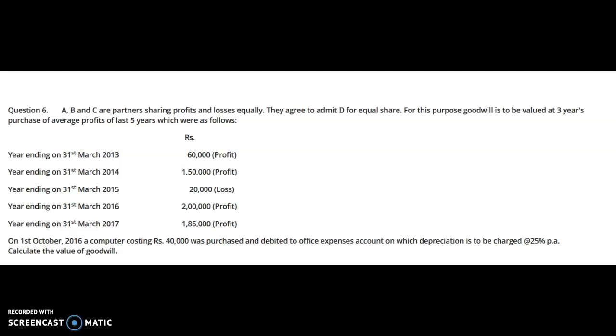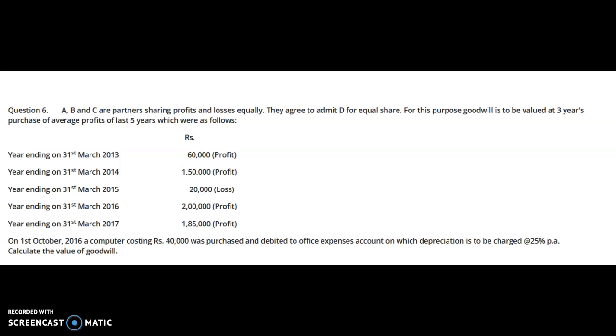Normal here means that if there is any abnormal loss or abnormal gain, or any other item for which the provision has not been made in that year's profits, you have to first adjust them and make the normal profit, and then find out the total and the average profit.